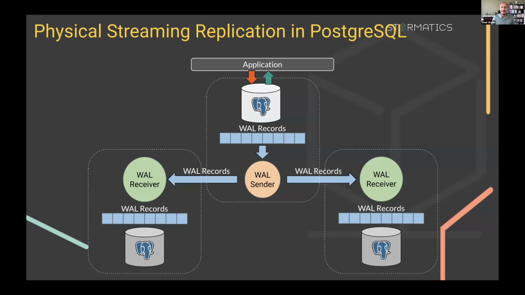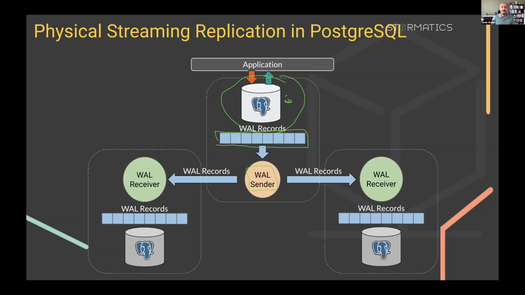In this case, the application writes to the primary, and the primary creates these WAL records that are stored on disk. Because we have set up a cluster, the primary has a WAL sender defined, which is designed to send these WAL records to the subscribers of replication.